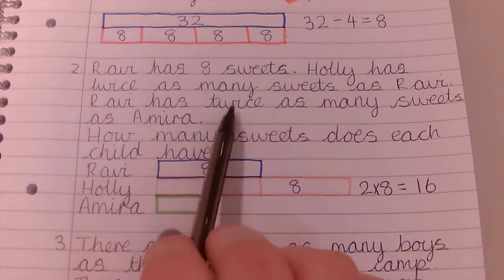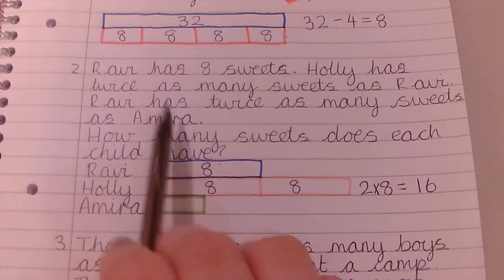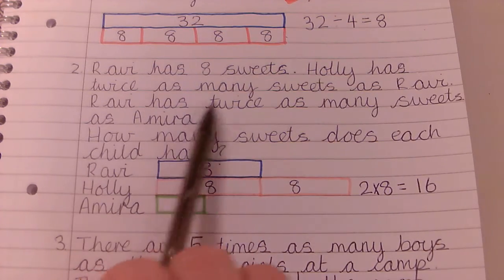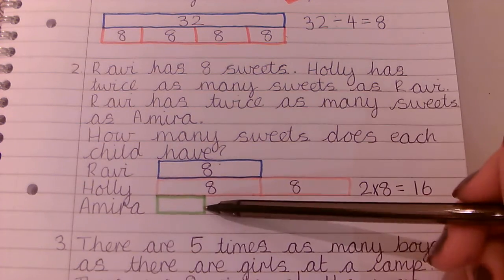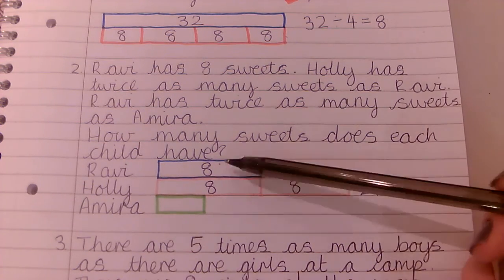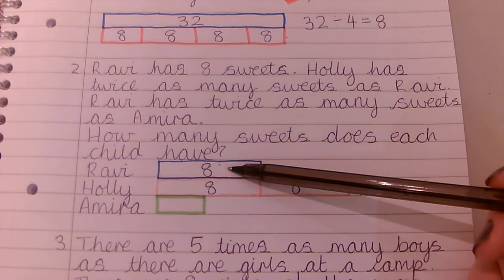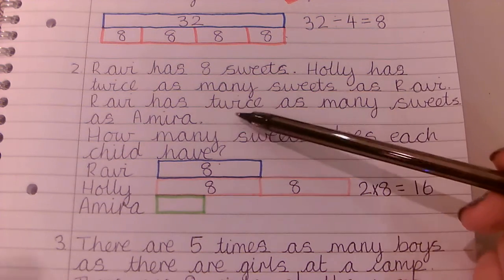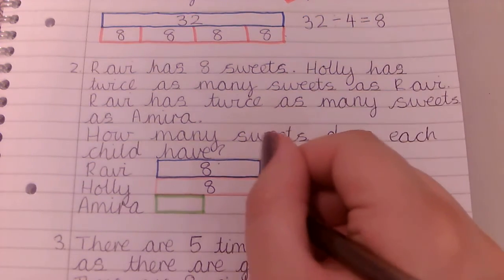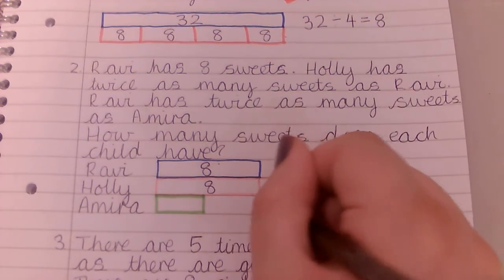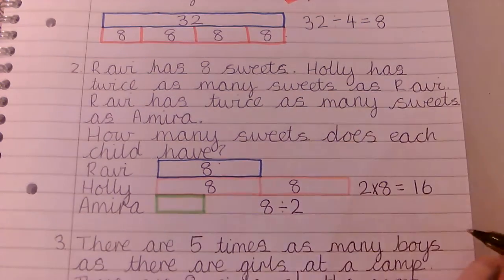Now Ravi has twice as many sweets as Amira. What that means is Ravi has 2 times as many sweets as Amira, so she has a smaller box than Ravi. Now if Ravi has 8 and Amira has the opposite of twice, which is half as many, then it would be 8 divided by 2.